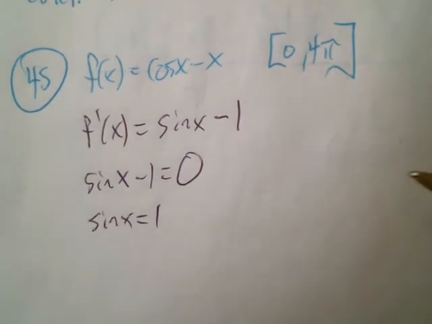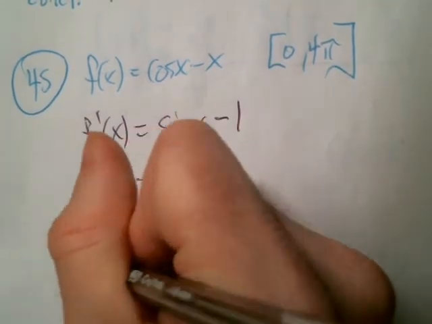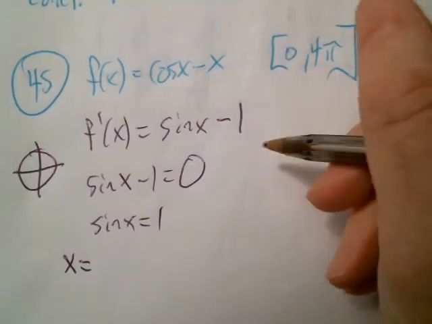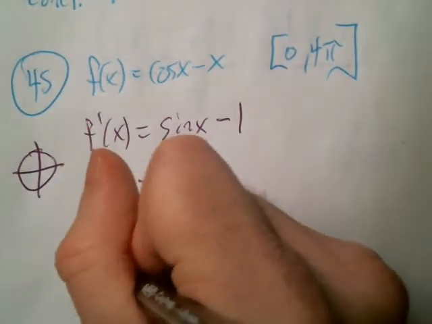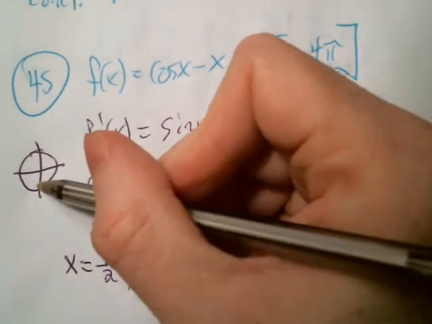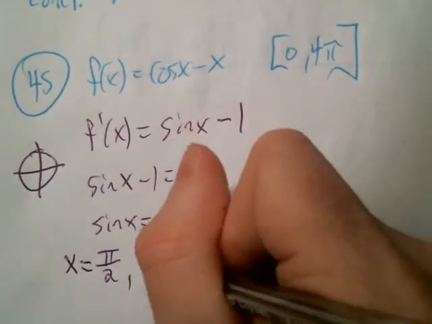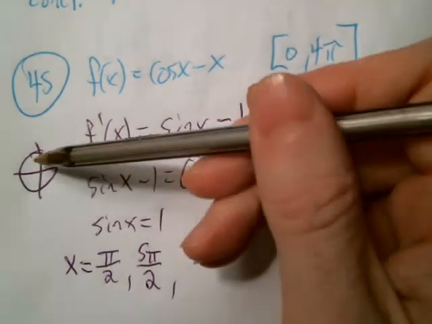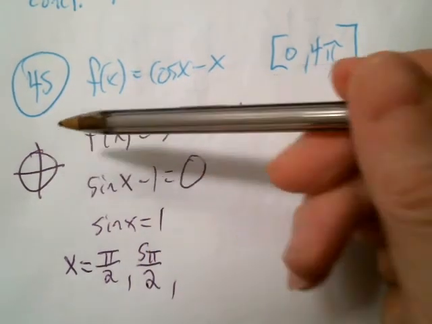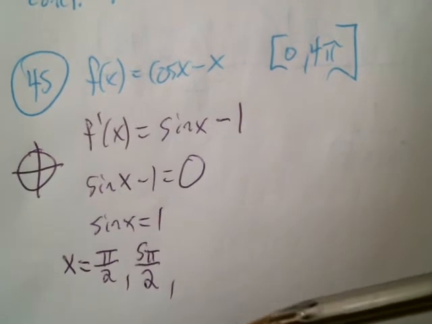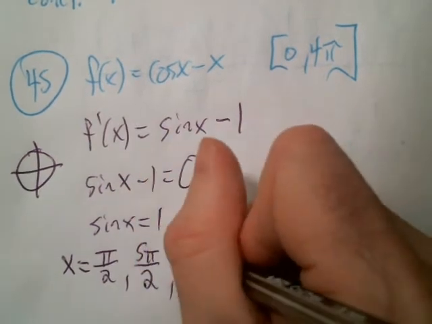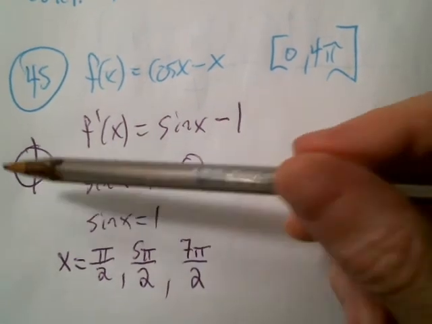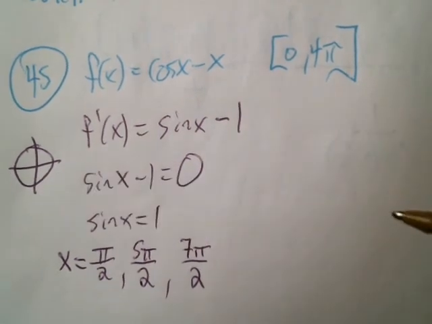Right, so in particular then, that will be where x equals, and I think about my unit circle, where is sine equal to 1. So that's pi over 2, and then it's negative 1, and then 5 pi over 2, and then it goes to negative 1, and then, does it go too far, 7 pi over 2, and then back to negative 1 at 9 pi over 2.